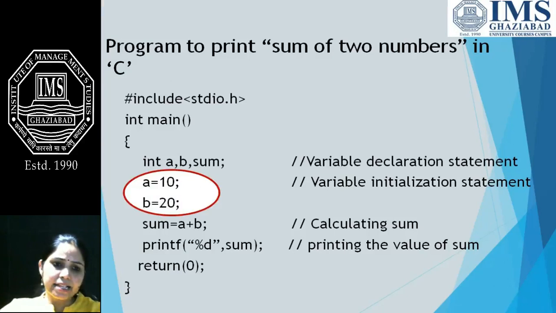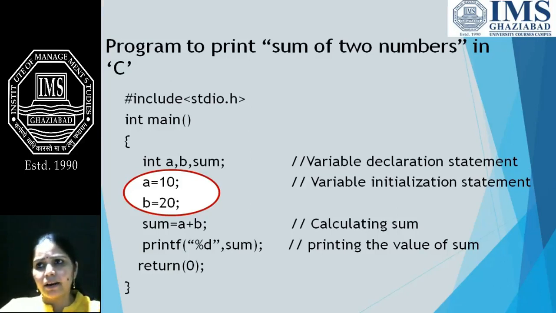Here a is equal to 10 and b is equal to 20 are the predefined values or the initialized values for our program. I don't want to use the predefined values. Somebody says to me that no, I want to give the values at the time of execution of the program, and whenever I execute my program, I should be able to give a new value.